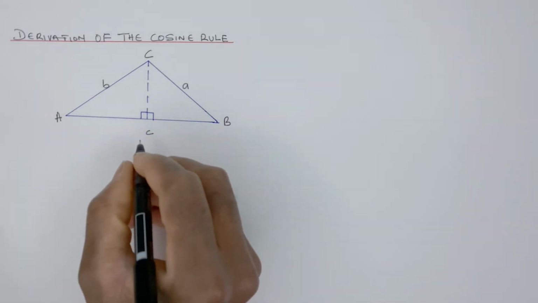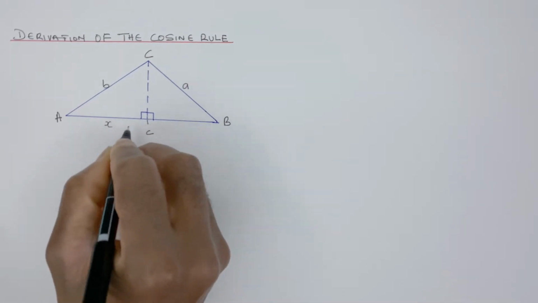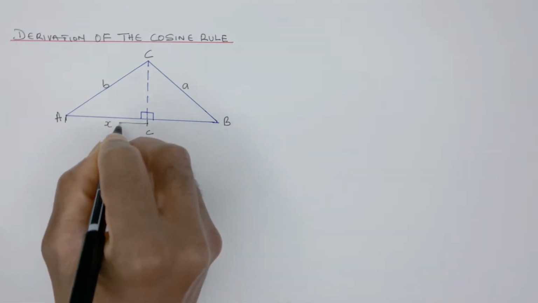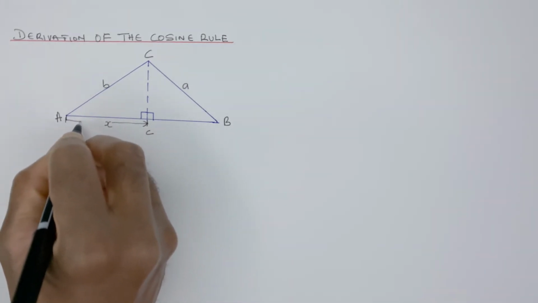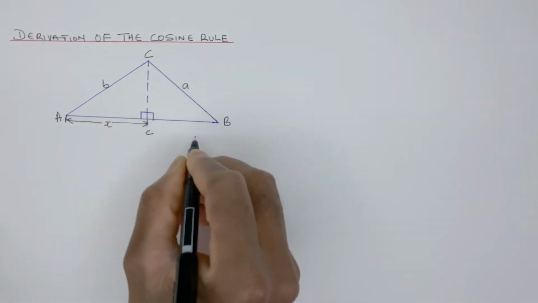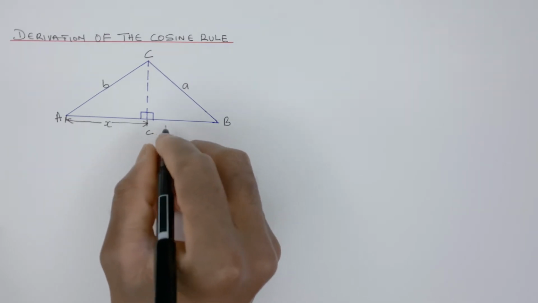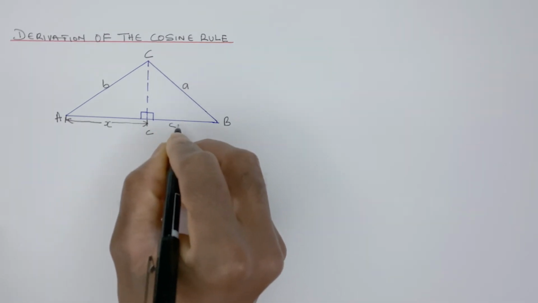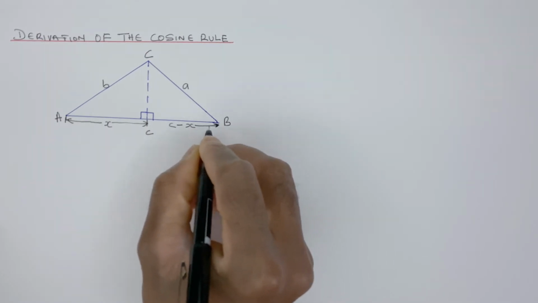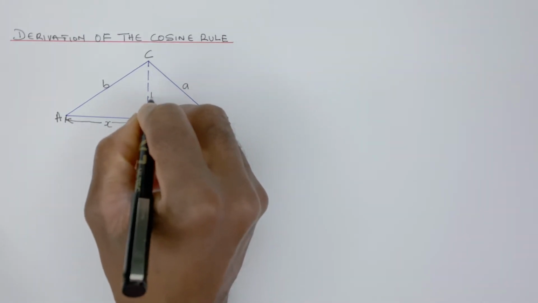If I call the distance from there to there x, then this side will be, because the whole thing is c, c minus x. And this height here we can call height h.